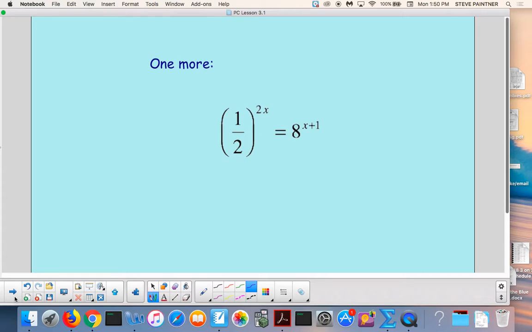First, you got to get the bases to be the same. 1/2 is not 8. 8 is not 1/2. Get them to be the same. What did you do?